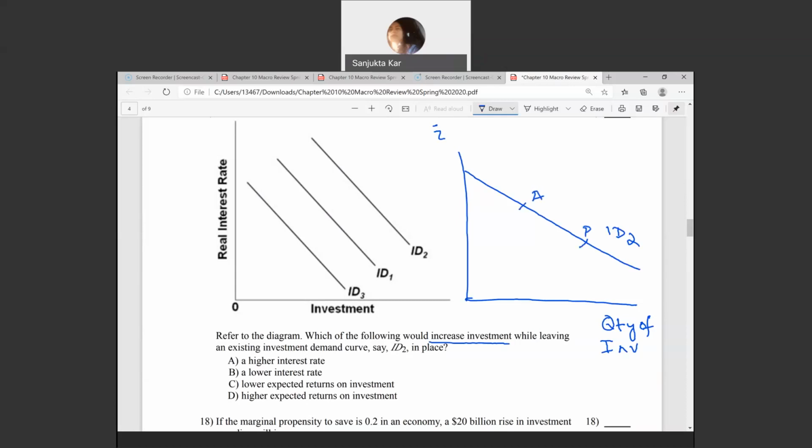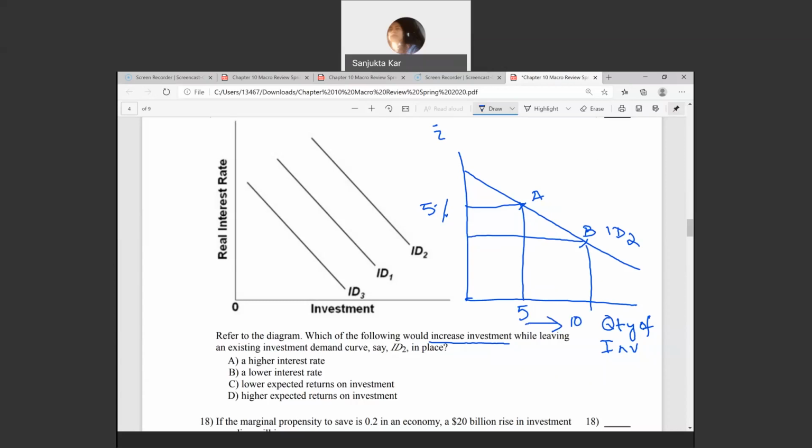Say my interest rate is 5% and my investment is 5. How do we move from point A to point B and undertake a higher investment? Just for the sake of this question, how do we increase investment from 5 to 10?